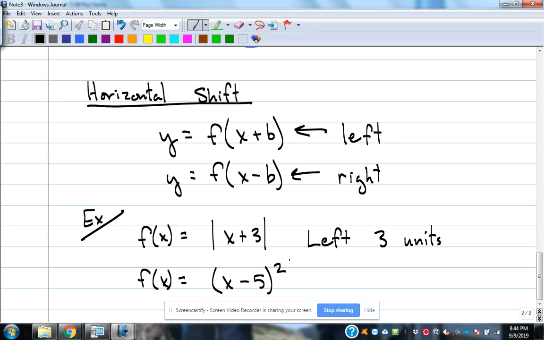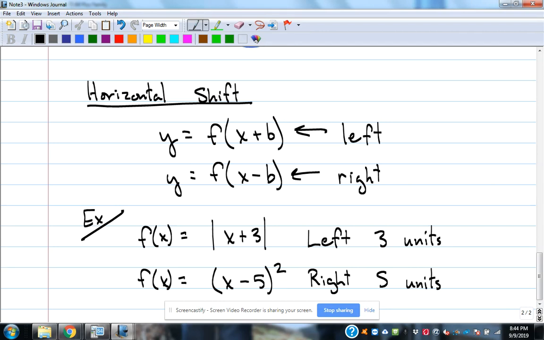That's taking the squaring function and subtracting 5 on the inside. So that's going to move that squaring function to the right 5 units. Shifting it left, right, up, or down, depending on where you're adding and subtracting at.